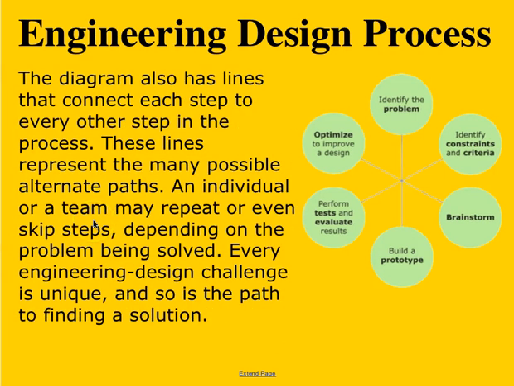The diagram also has lines that connect each step to every other step in the process. These lines represent the many possible alternate paths. An individual or team may repeat or even skip steps, depending on the problem being solved. Every engineering design challenge is unique, and so is the path to finding a solution.